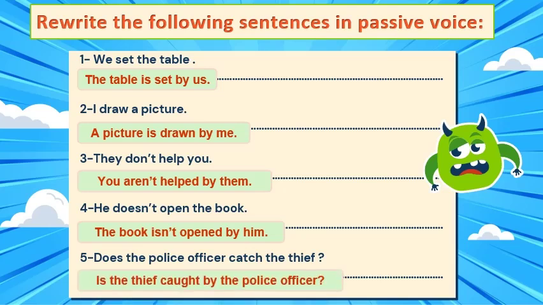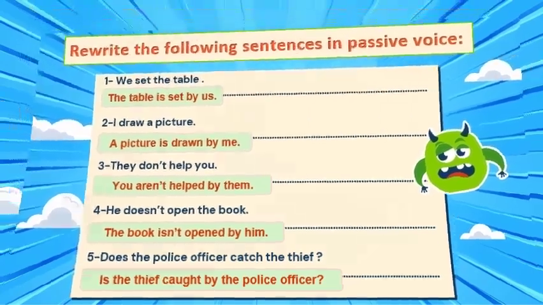Yes, excellent. Is the thief caught by the police officer? Here we have the sentence in the question form, so I change does to is, because the thief is singular. And I continue the sentence by starting with the object and changing the verb to the past participle.